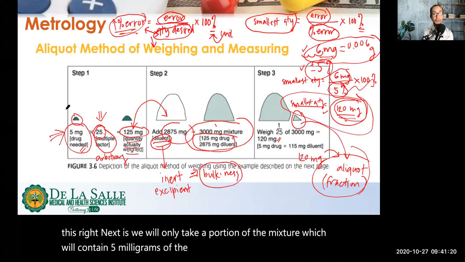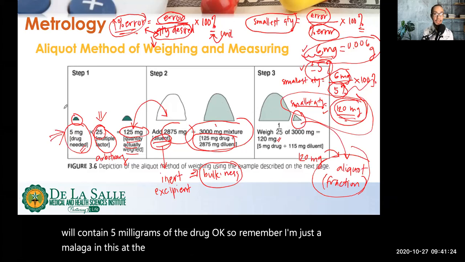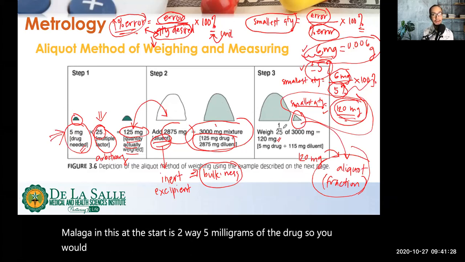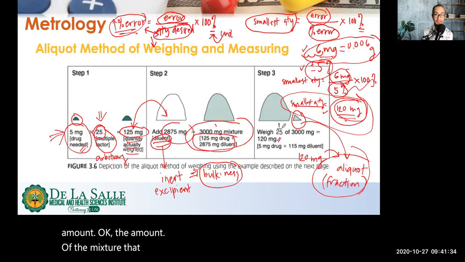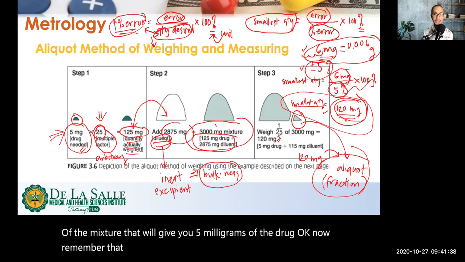Okay? So remember, ang gusto mo lang talaga in this at the start is to weigh 5 milligrams of the drug. Okay? So you would like to determine now the amount, okay, the amount of the mixture that will give you 5 milligrams of the drug. Okay? Now, remember that what we did is we multiplied 120 milligrams by 25.